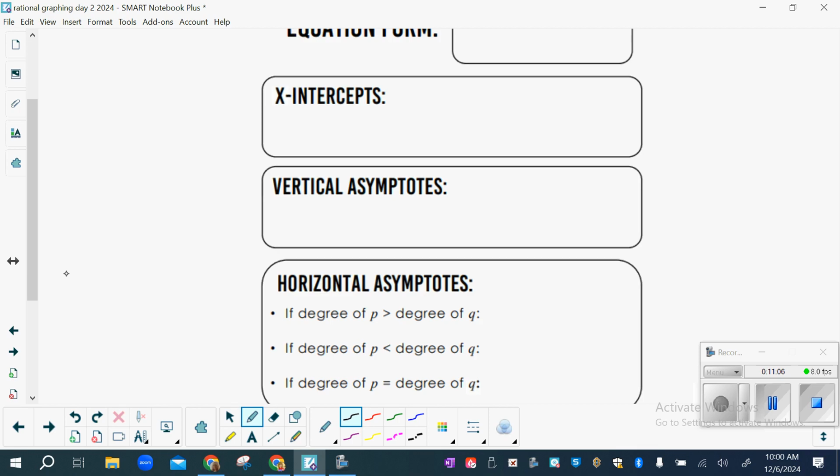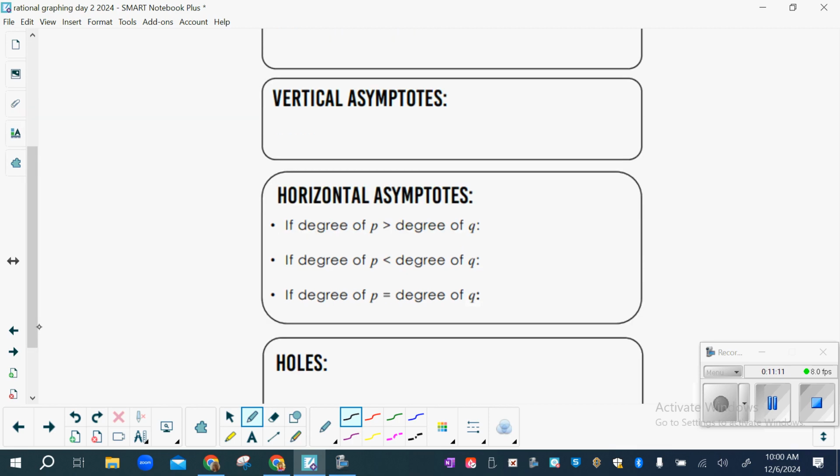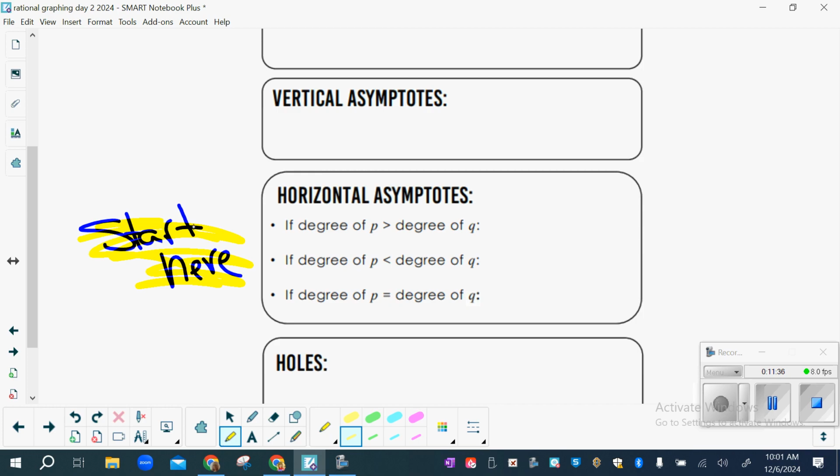I want you to write a big start here on horizontal asymptote. We start here because we don't factor it first. We just eyeball it, right? So nice highlighted start here.